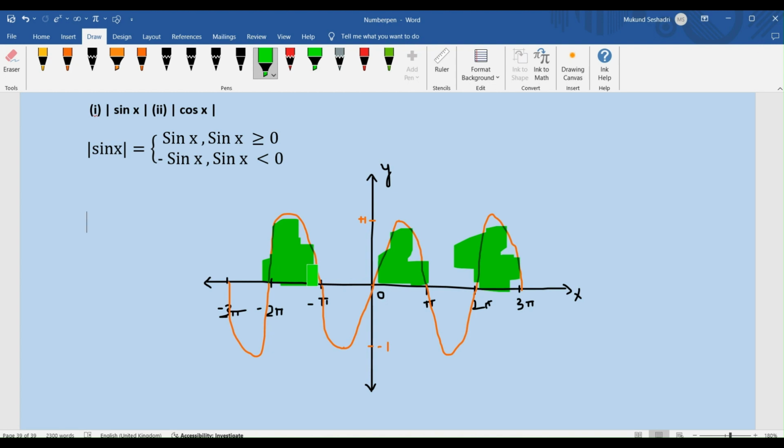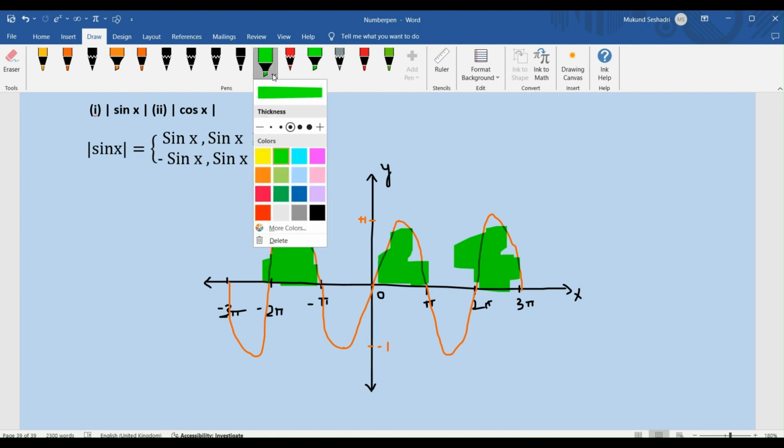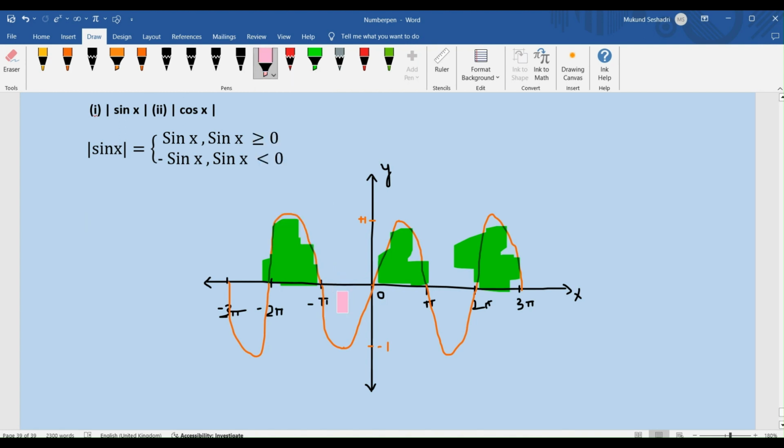And whenever my sin x is negative, let's use a different color, say, oh no, let me use a lighter color, say pink. It is this region, the region belonging to, for example, 0 to minus pi, and then pi to 2 pi, and then minus 2 pi to minus 3 pi. All these regions are when your sin x is negative, right?